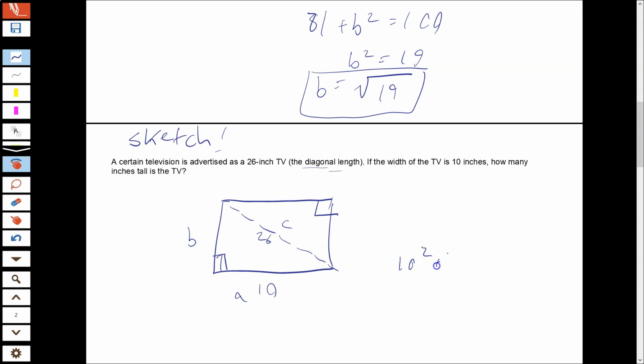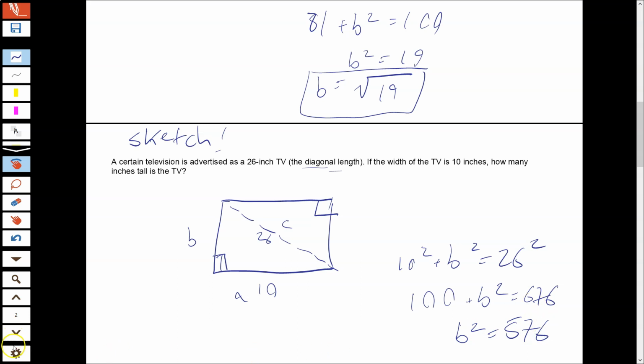And I do 10 squared plus B squared equals 26 squared. And here, when I square both of those, B squared equals 576. Sorry, 676. And then when I subtract 100, I get 576.